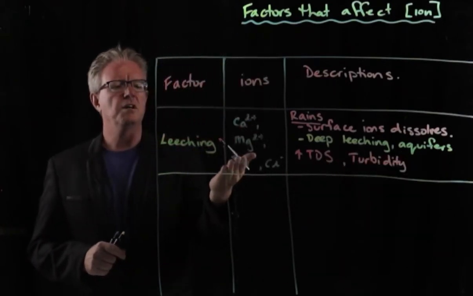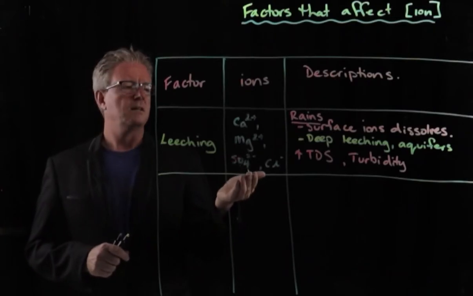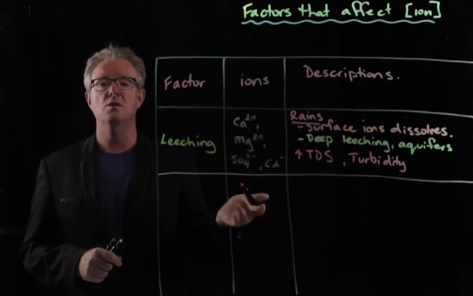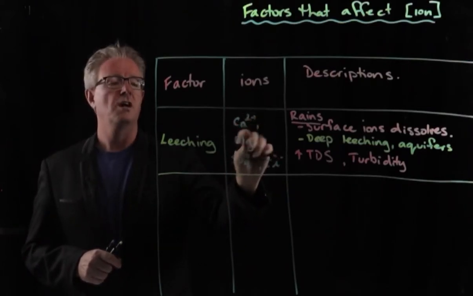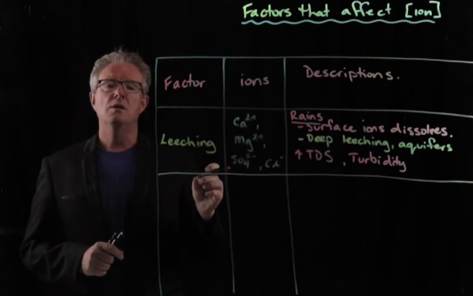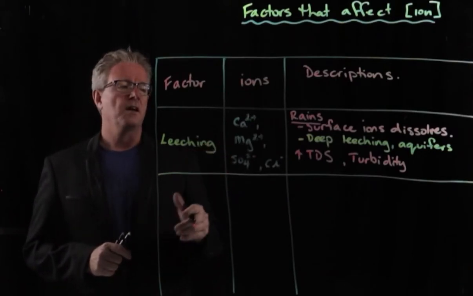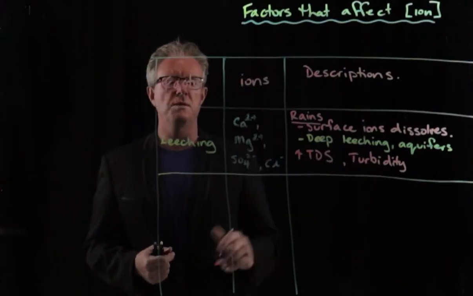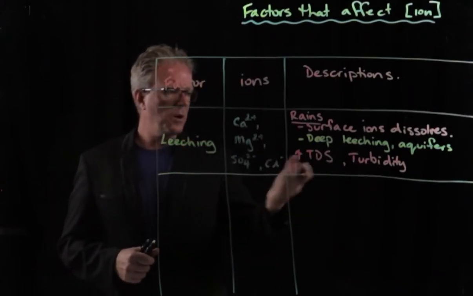So with the rain coming off, you're going to get a lot of turbidity aspects in the water. So not only will your total dissolved ions be in there, but you're also going to get insoluble particles, and those insoluble particles from dirt, etc., are going to increase the turbidity. Okay, now what other effects could that have?